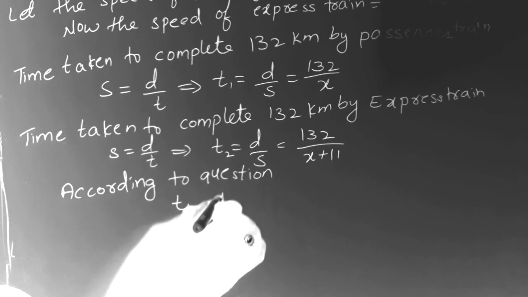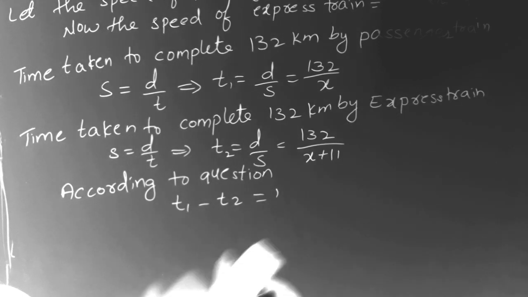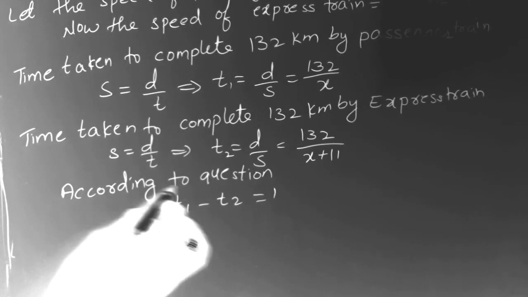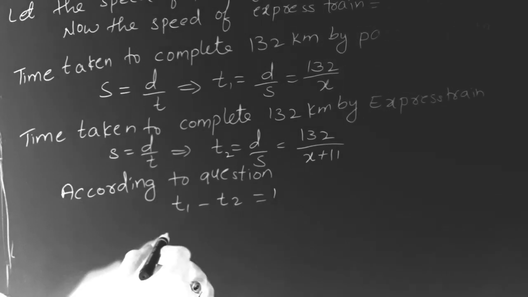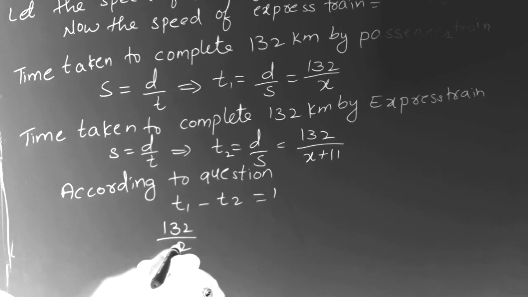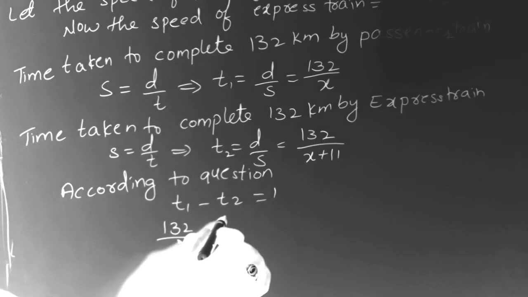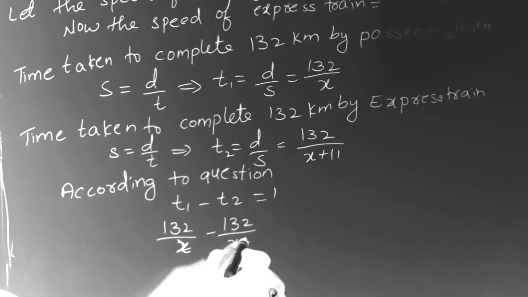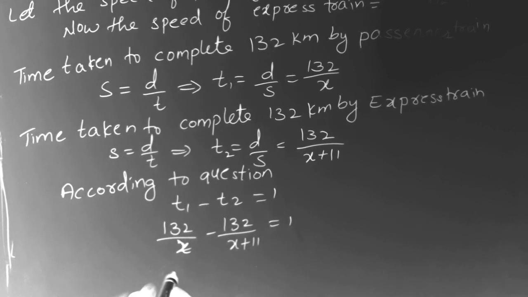T1 minus T2 is equal to 1. Now substitute T1. What is T1 here? This is T1, 132 by x. This is T2, 132 by x plus 11. That is equal to 1.